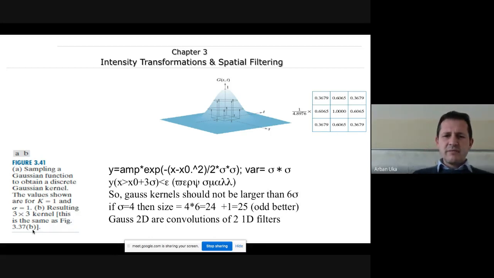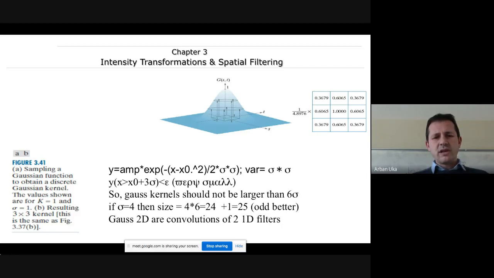Which means that if you construct a Gaussian kernel and your sigma is 3, don't make the kernel 500 by 500. Because if sigma is 3, you multiply it by 6, you get 18, you add 1 to make it an odd number, 19 is good.